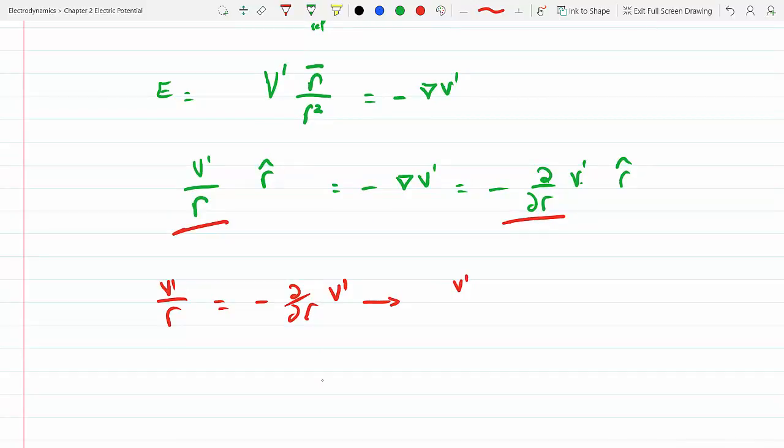So we could solve this by saying that dV prime over V prime is equal to minus dr over r.